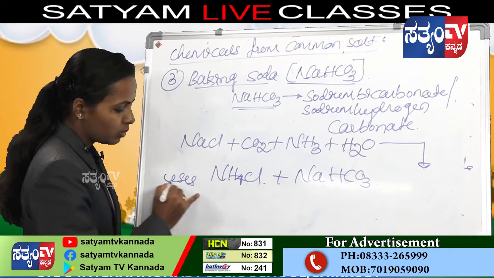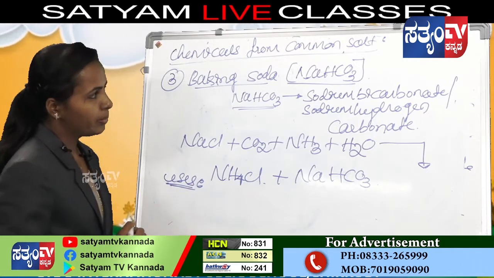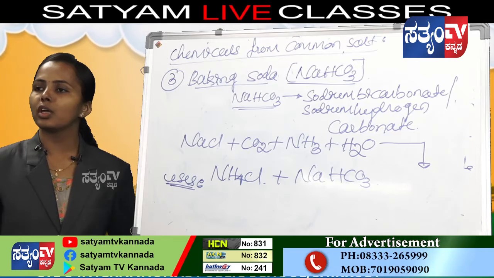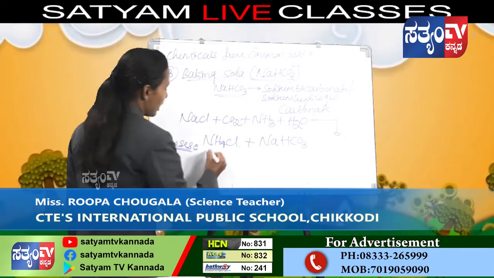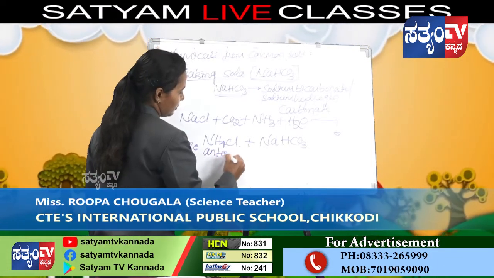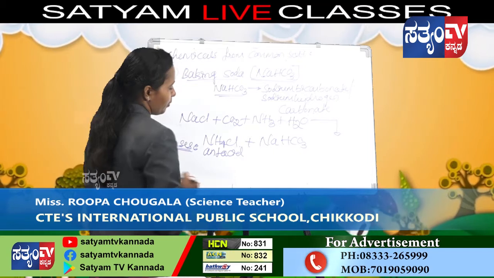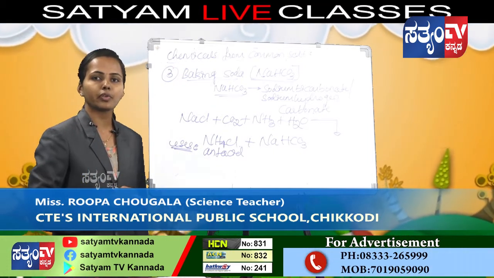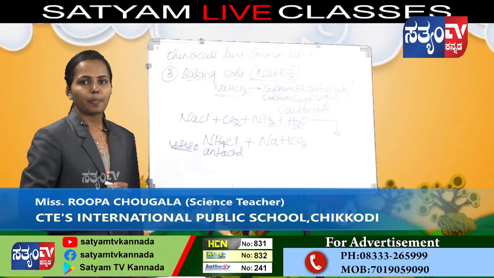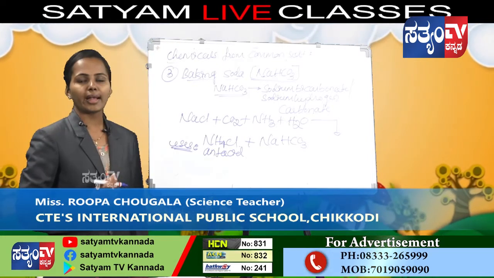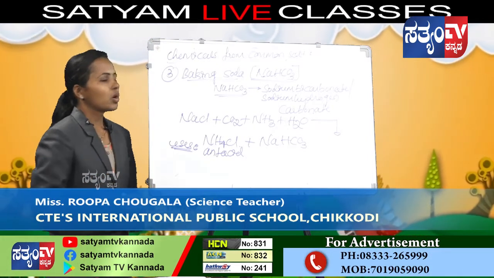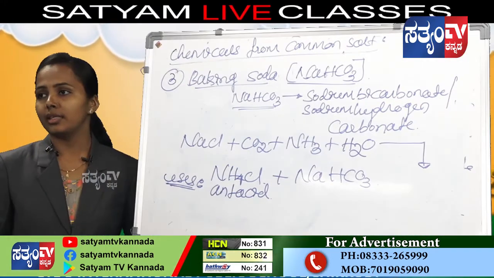And next, what are the uses of this baking soda? Baking soda is used as an antacid when we are suffering from acidity. It acts as an antacid and removes the cause of that acidity.